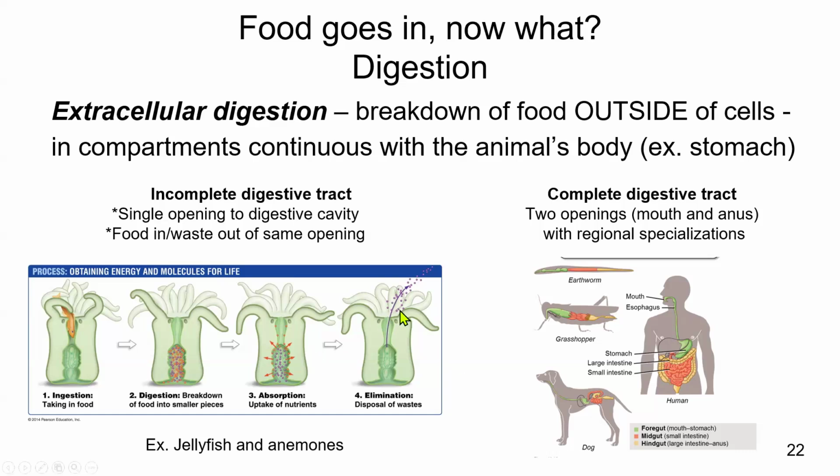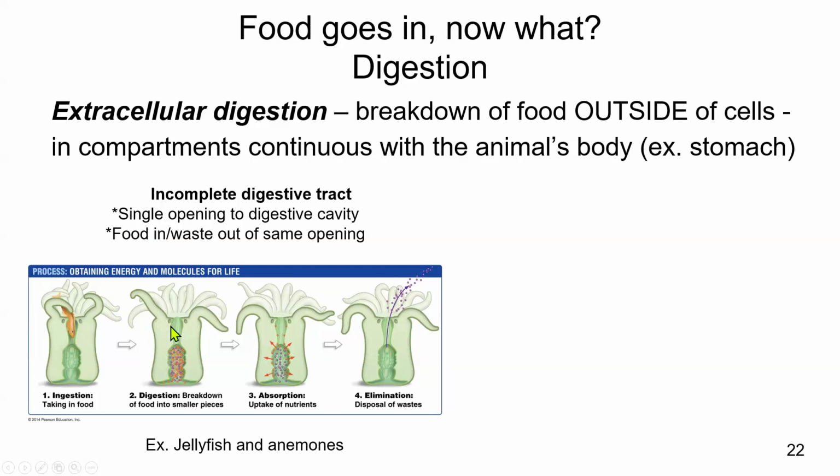So incomplete, there is just one single opening for food to go in. And then once it's broken down and absorbed, the waste that's left, guess what? It's coming out that same hole. So this is an example of an incomplete digestive tract. And we see this in jellyfish and anemones.